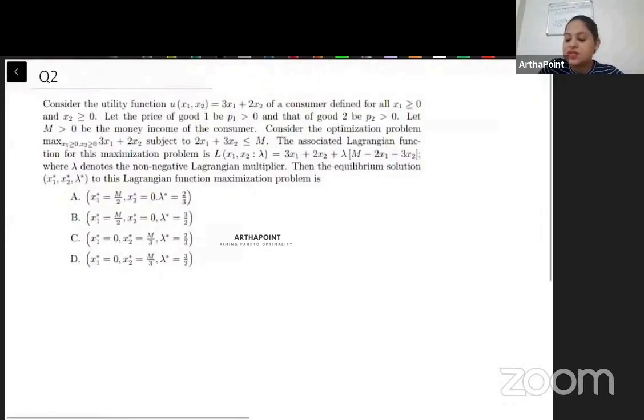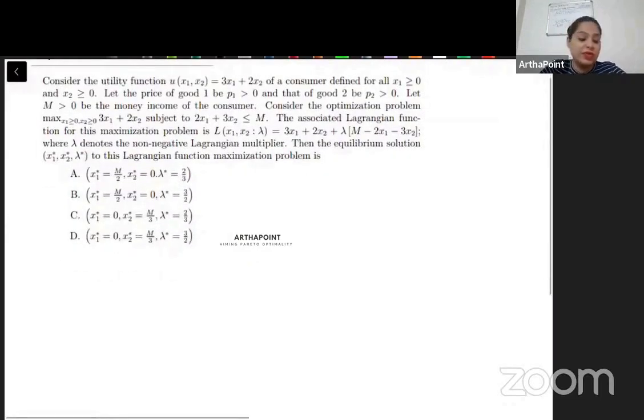So it says, consider, this is a very, very good question, the utility function 3x1 plus 2x2. They have tried to confuse you, okay? This is a substitute good utility function. It's a linear function. And they are asking you to go ahead and maximize it using the method of Lagrange.